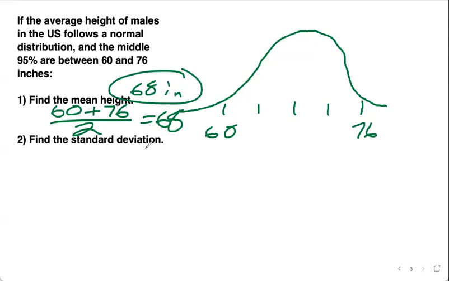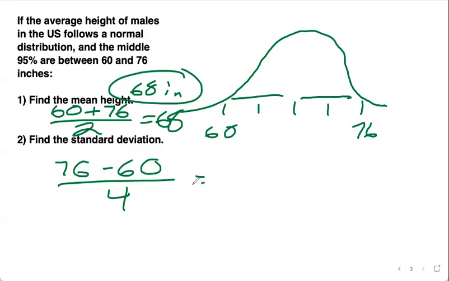Now to find the standard deviation, one way to approach this is to realize that if I went 2 above and 2 below, that's a total of 4 standard deviations across. So I would find the distance between them, 76 minus 60, and divide by 4, because it's 2 above and 2 below. You don't always divide by 4. It's because it's 95%.